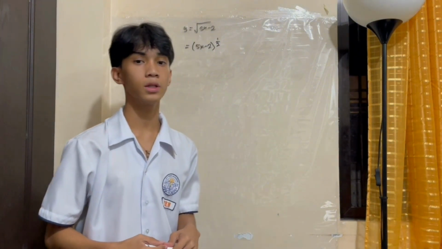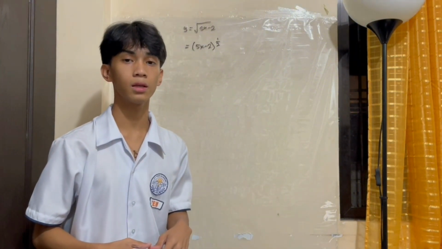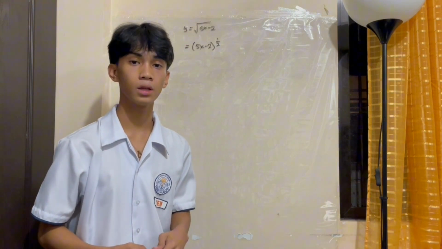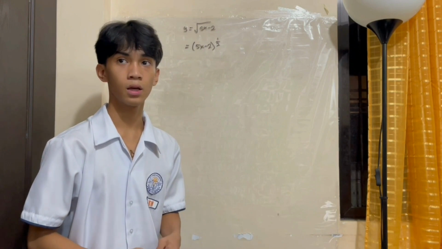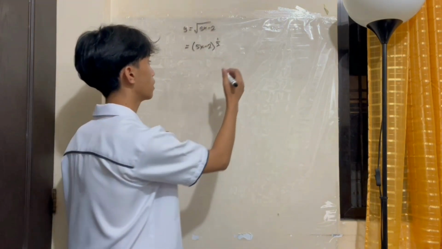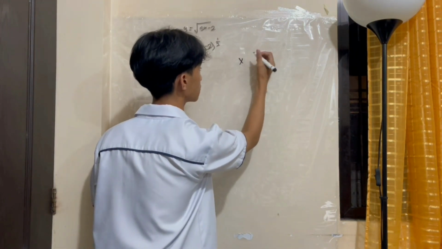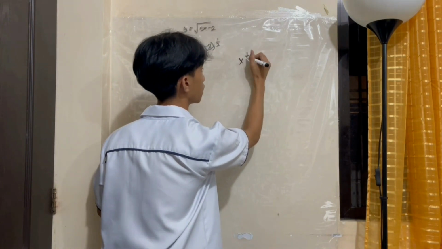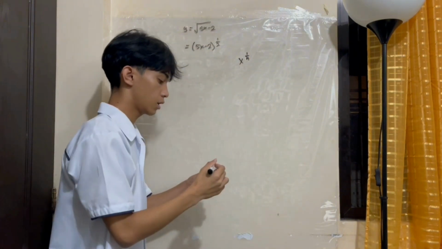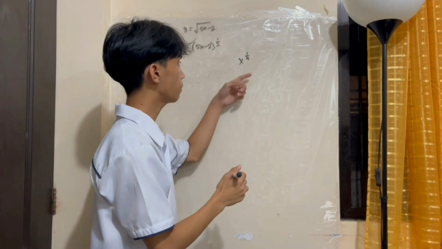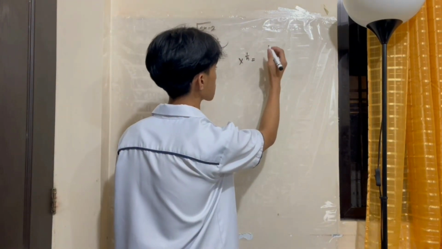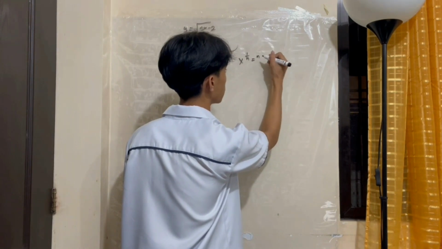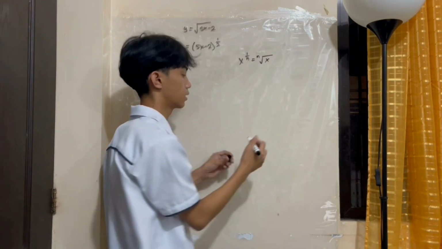If you're going to ask where did we get the 1/2 exponent, it is because there's a rule that we think is right. So for example, we have x raised by 1 over n. This is also equals to the n root of x.